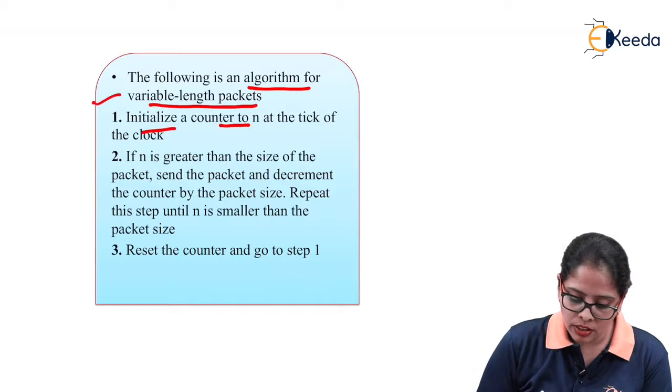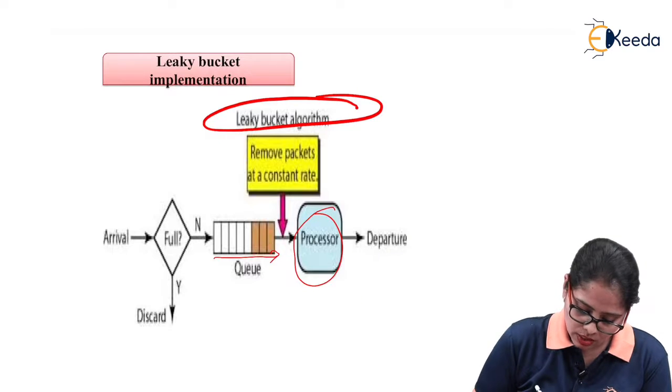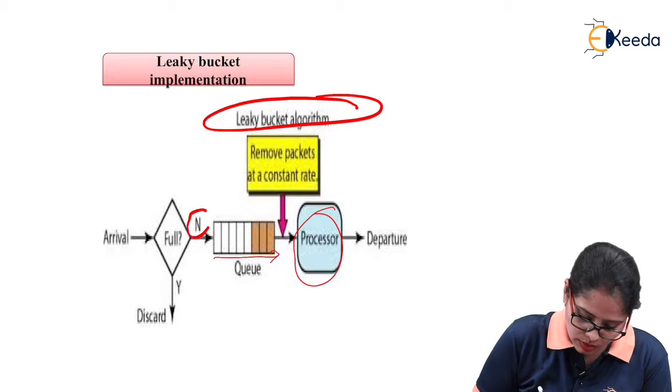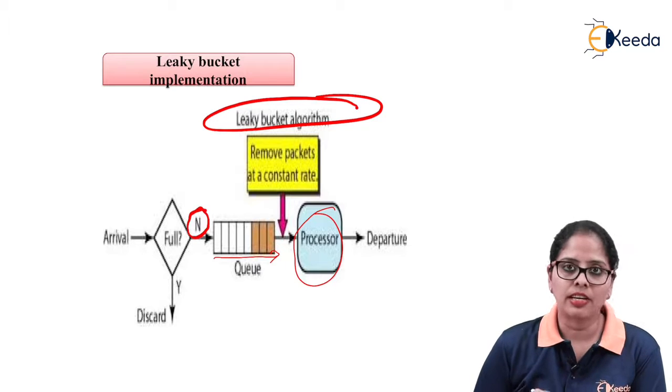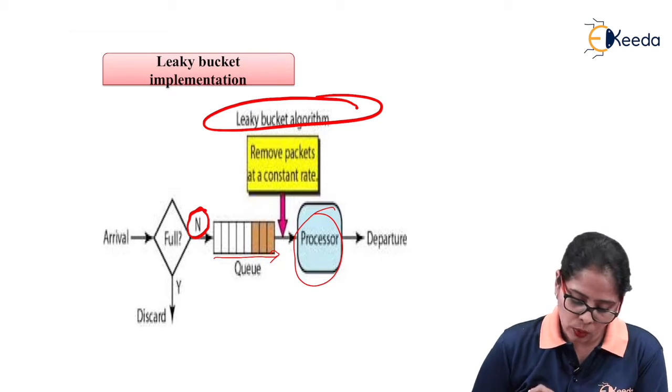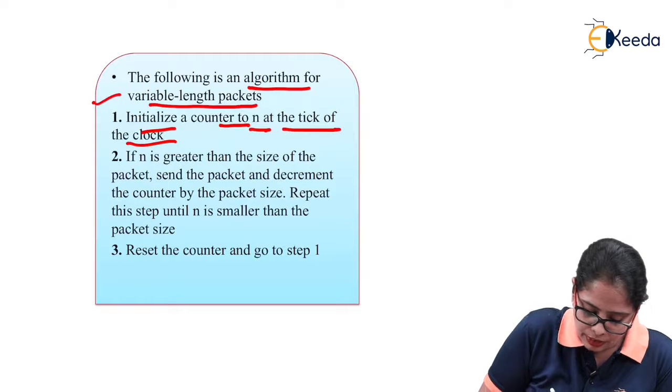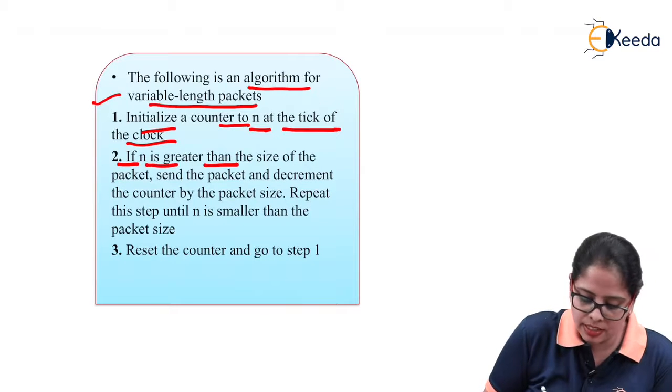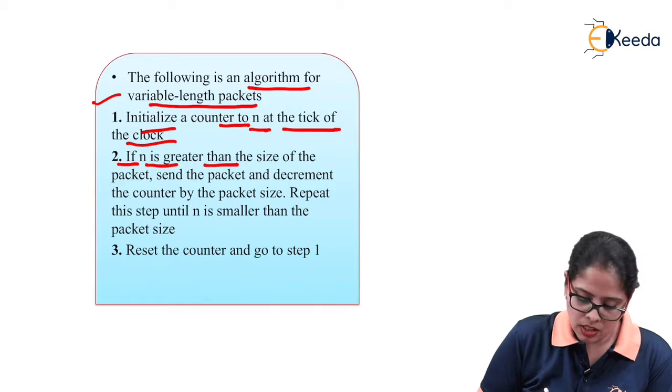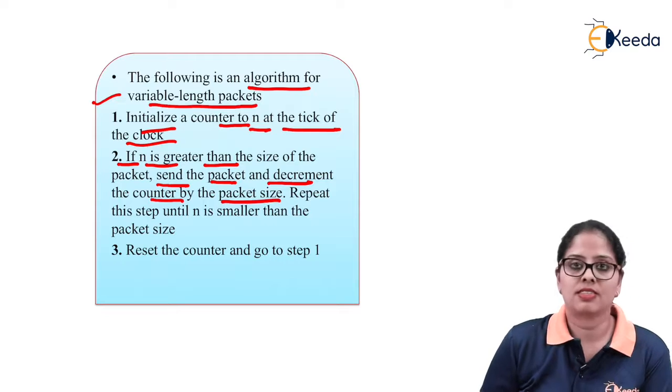Initialize the counter to n at the tick of the clock. Now see here, this is my counter, which is nothing but n. We set that value. Every time, if n is greater than the size of the packet, it will send the packet and decrement the counter by the packet size.